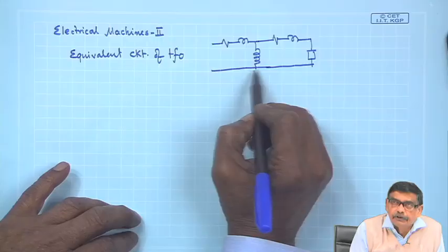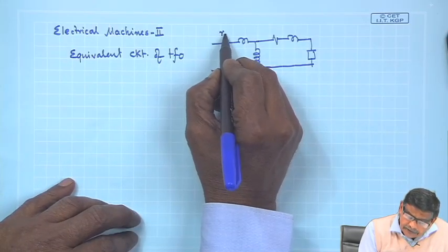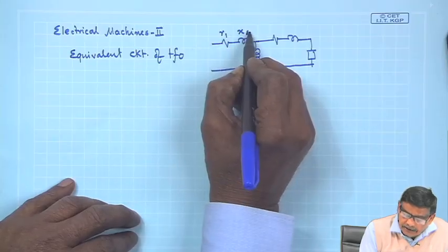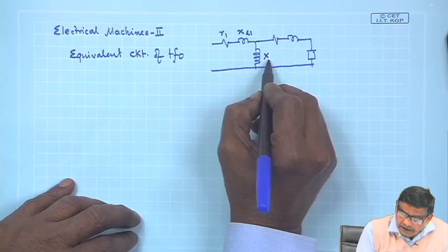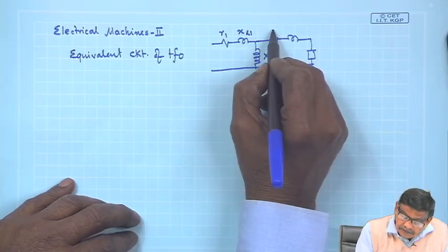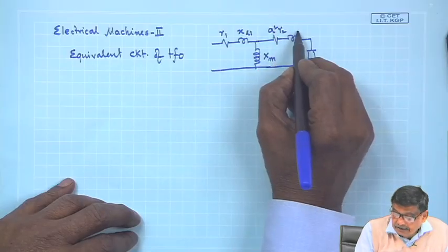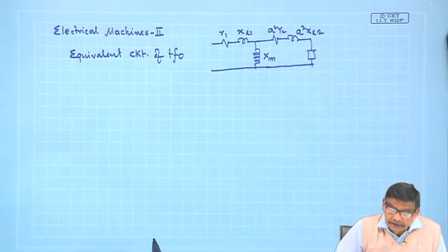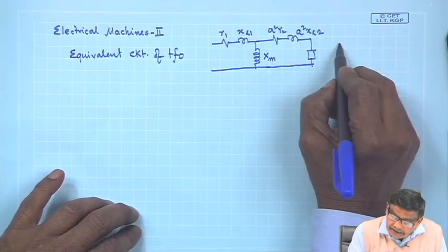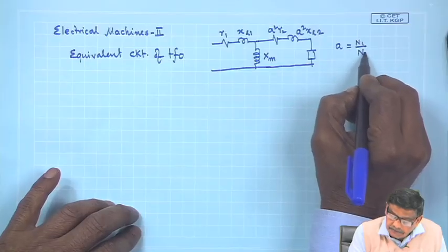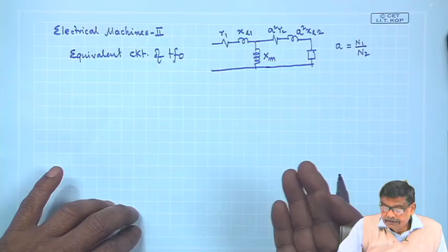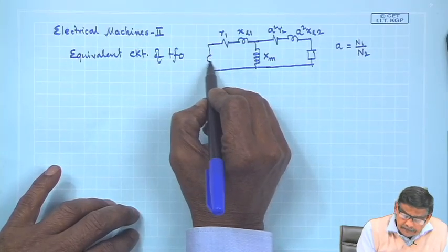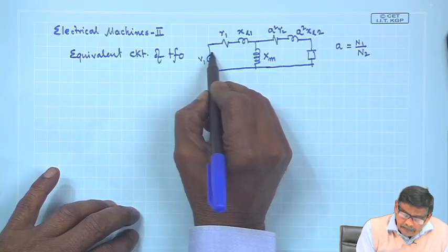So, that parallel resistance I have not drawn, and this is how it is drawn: R1, XL1, this is what is known as magnetizing inductance jXM, and this is a squared R2, and this is a squared XL2, where XL1, XL2 are called leakage reactances of the transformer, R1, R2 are winding resistances of primary and secondary side, and a is the ratio of number of turns N1 by N2, where primary side is that side where source has been connected, that is here V1.